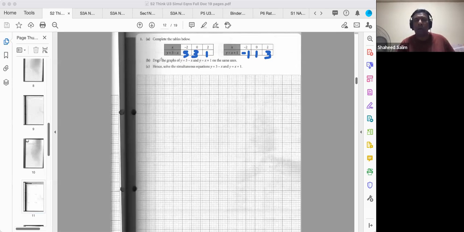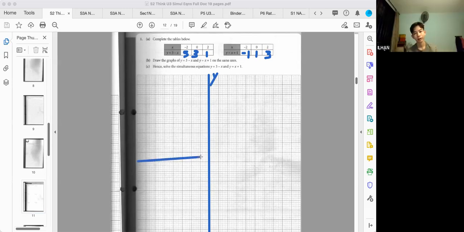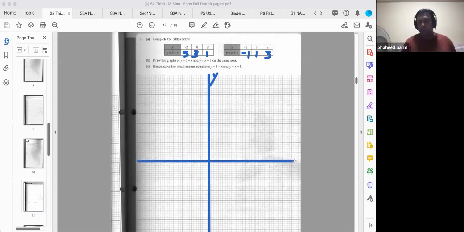So I'm going to draw now down here the x and y axis. This one goes upwards. We call it the y axis. This is called the y axis. And then this is called the x axis. So now what we're going to do, we're going to label, then after that we can map it out.